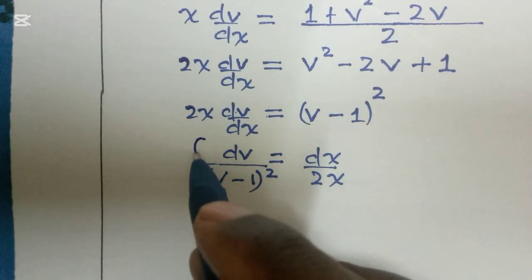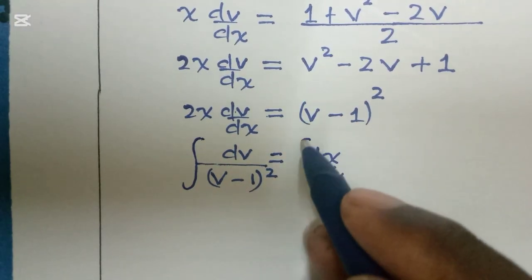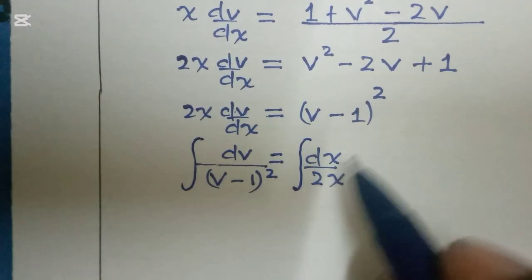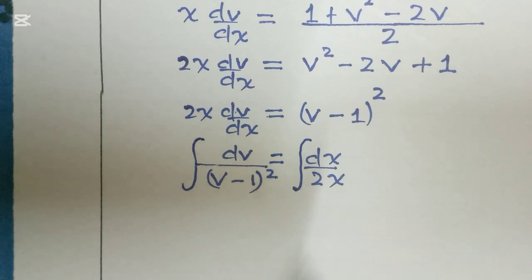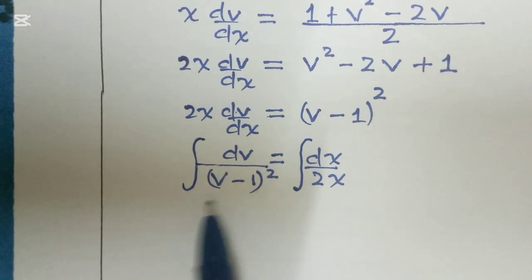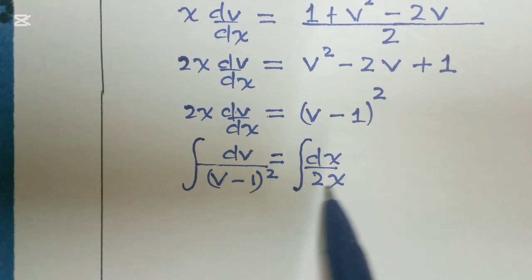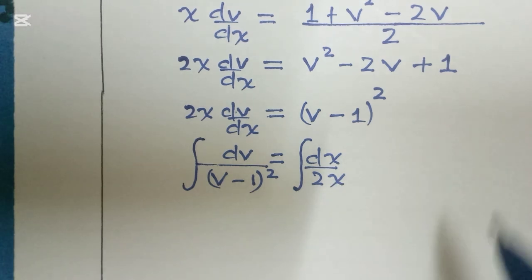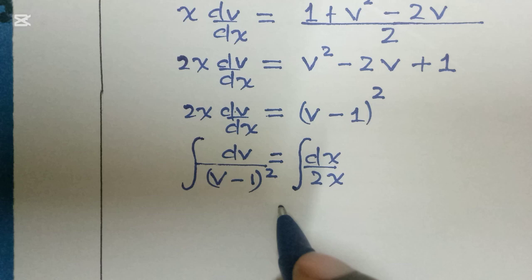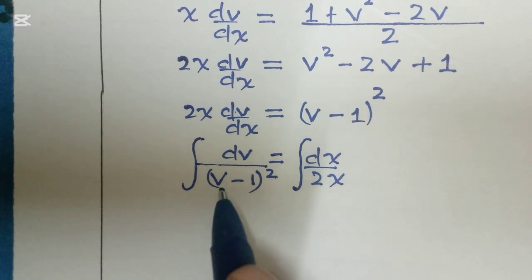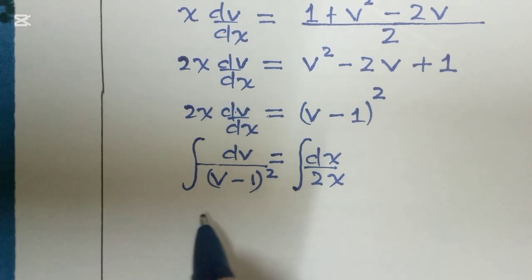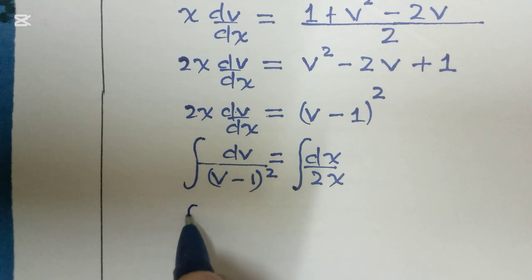We integrate this side, we also integrate this side. As you can see now all the sides have their respective variable. This side we don't see x, and this side we do not see v. We can start with this side, guys, and this is how we can do it better if we write it like this.